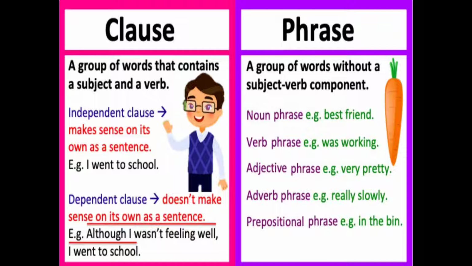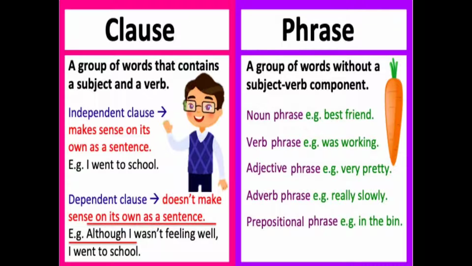In simple language, a clause is a group of words that has a subject and a verb, but a group of words without a subject and a verb is known as a phrase. And an independent clause makes sense on its own as a sentence.